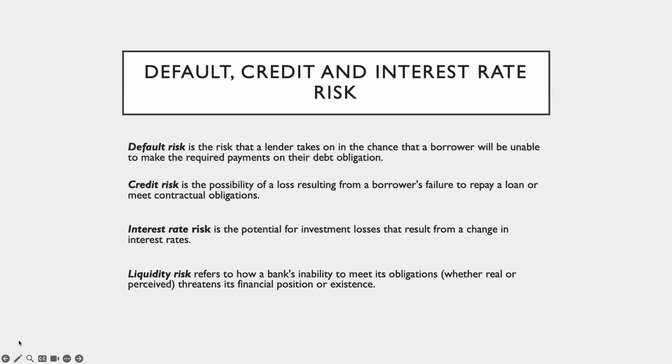This is the potential for investment losses that result from a change in interest rates. From our previous discussions, we know that interest rates are a component of many different factors, and oftentimes these components will change over time. Depending on the economic climate, interest rates can either increase or decrease.